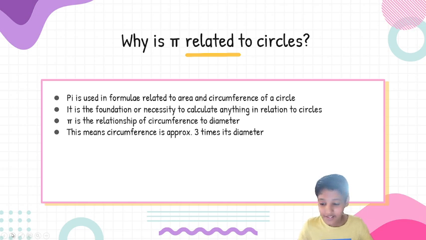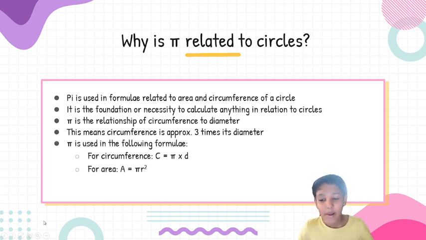Cool, isn't it? Pi is used in the following formulae: for circumference, where circumference is equal to pi times diameter or 2 times pi times r. And for area, where area is equal to pi multiplied by radius squared.